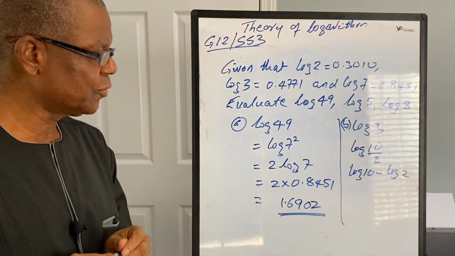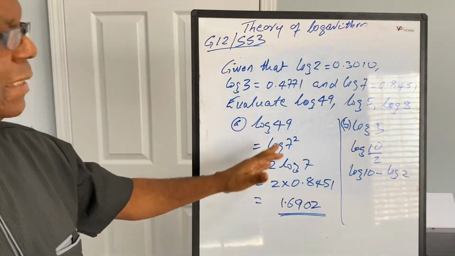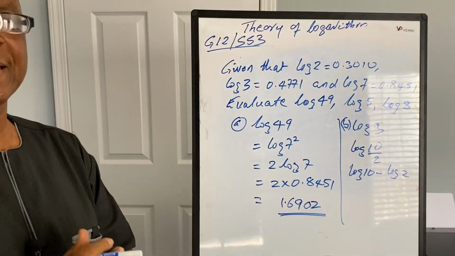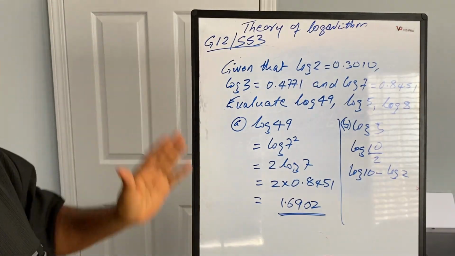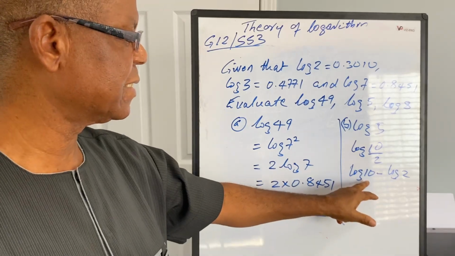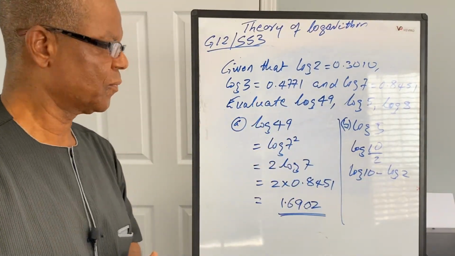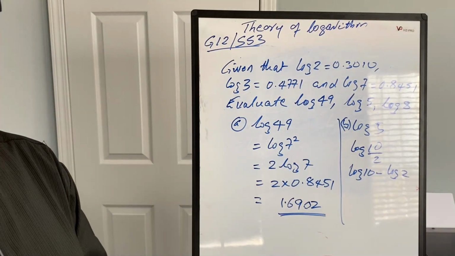Log 10, you don't need to be given log 10, because in every log where the base is not given, it's automatically base 10. Whenever you're not given the base of any logarithm, it's automatically base 10. So what we have here is log 10 base 10. We don't need a table, and we don't need to be given that. We know that will give us 1.